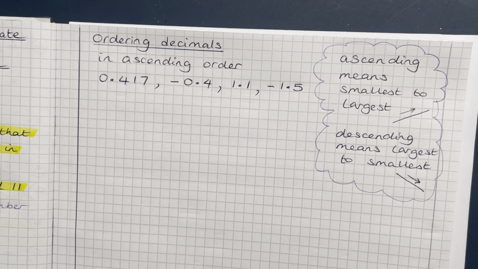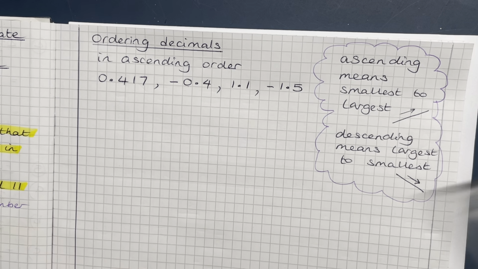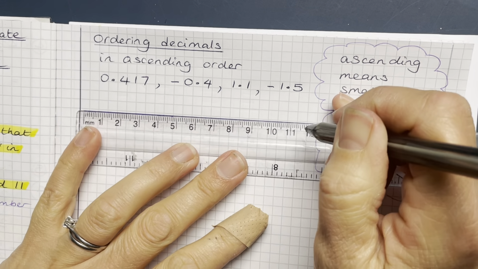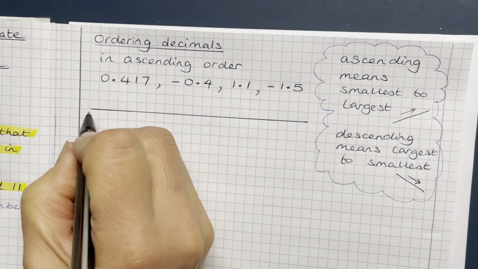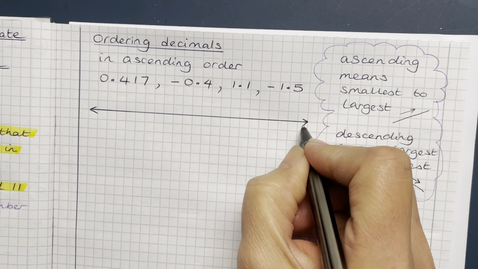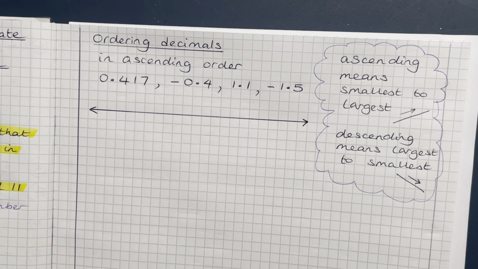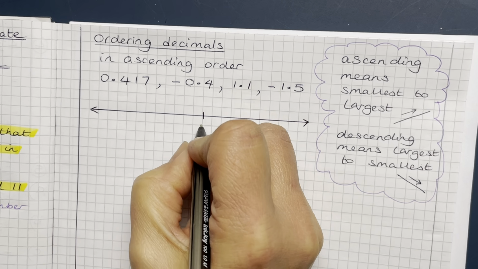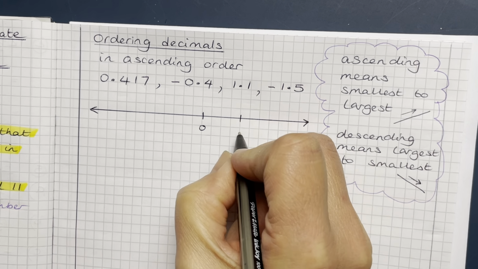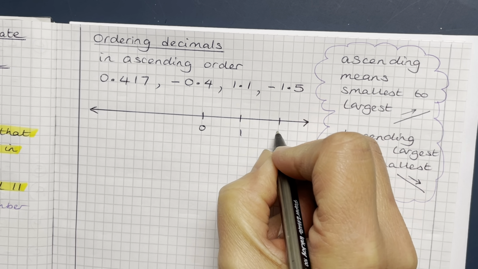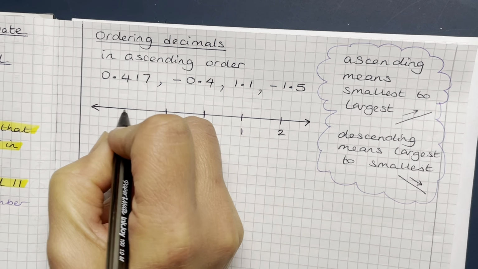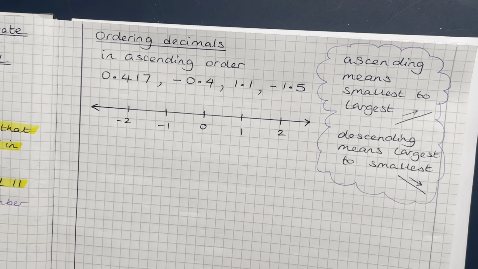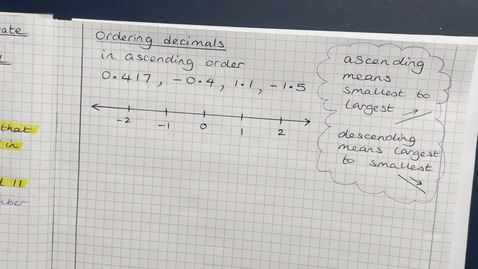Now, my suggestion for a question like this is to draw yourself a quick number line. It doesn't have to be particularly accurate or to scale, but you just want something so you can visualize what we're looking at. So as I say, it's just a quick sketch. I'm going to try and make it reasonably accurate, but as I say, it is just representative. Here's my number line then.